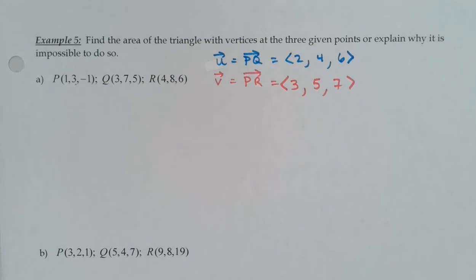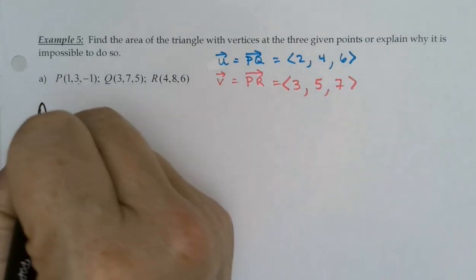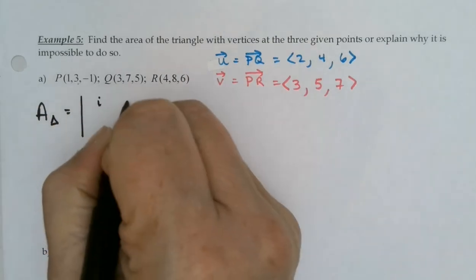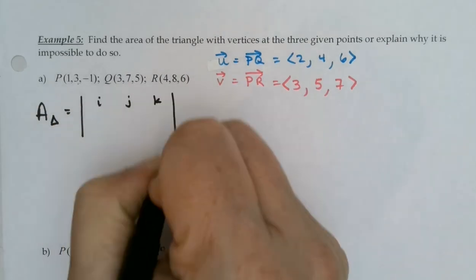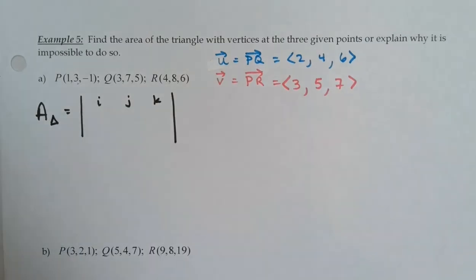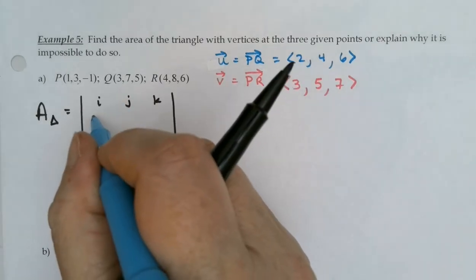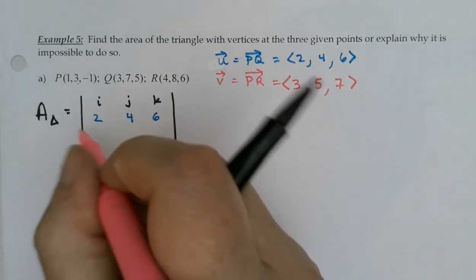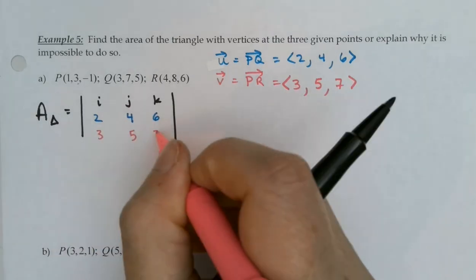Okay, so the area of the triangle that these two vectors form would be equal to I, J, K. It's U crossed with V, so 2, 4, 6, 3, 5, 7.